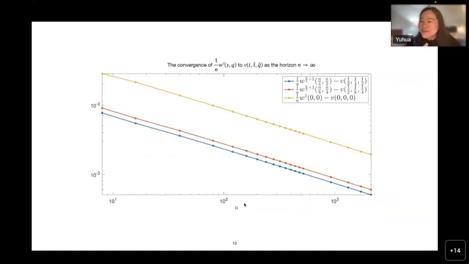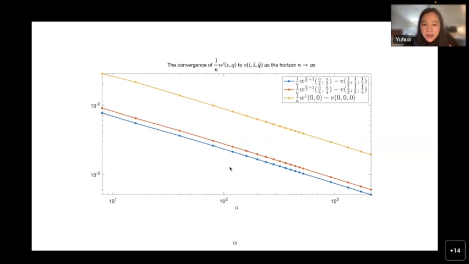So let's first see how this convergence rate, how close is the rescaled optimal cumulative reward and the solution to this HJB equation. Here I plot the error between these two terms. We can see that as n increases, this error will decrease at a very fast rate.